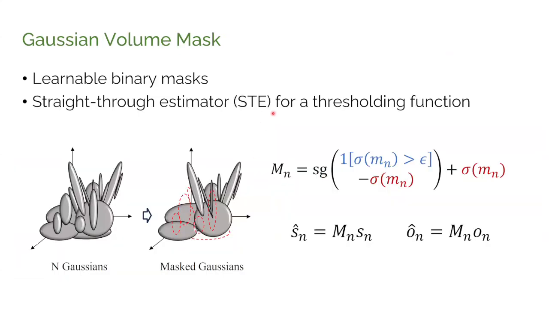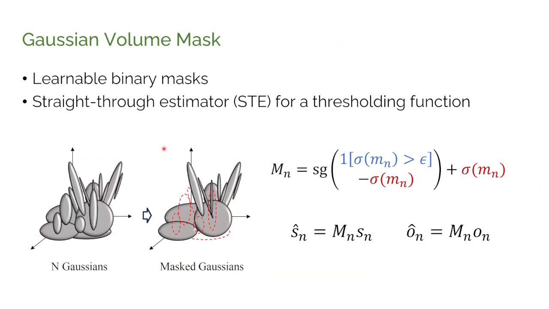So now I'm going to introduce some of the techniques that I have worked on. So first, the problem is the number of Gaussians. What we try to implement here is to figure out which Gaussians are important and which Gaussians are not important. So here we apply a binary mask.